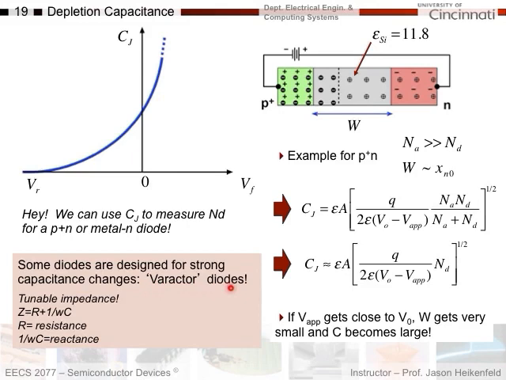So let's say you have a circuit where you've got a tuned capacitance and you don't want to do it with some sort of mechanical component. You could put a diode in there and simply change the DC voltage on the diode and change the capacitance seen in part of a circuit in real time. This is really helpful for things like antennas and transmission lines, because when you get to those subjects in signals and systems and in electromagnetic fields, you'll see that having the properly tuned capacitance is critical for getting maximum transmission of a high frequency, radio frequency, or microwave signal along a transmission line, or getting an antenna to emit at maximum efficiency at the frequency you want.